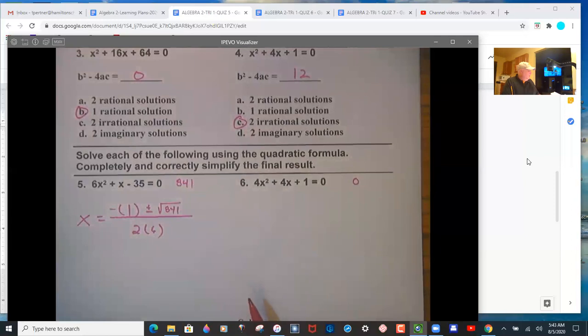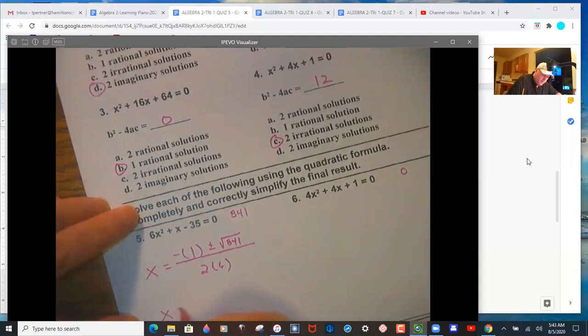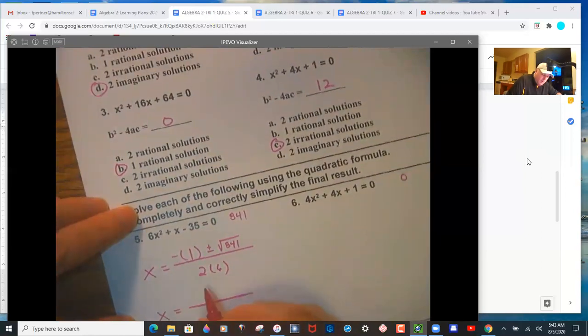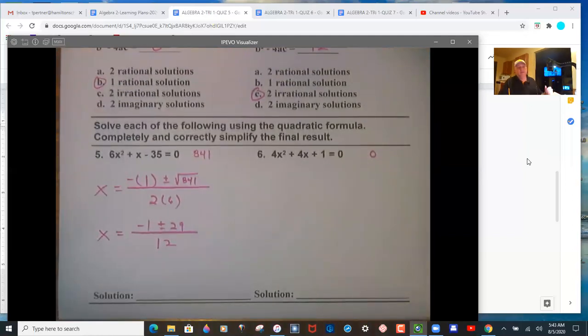So 841 square roots perfectly into 29. So this is negative 1 plus and minus 29, not the square root of 29. It's square roots into 29.